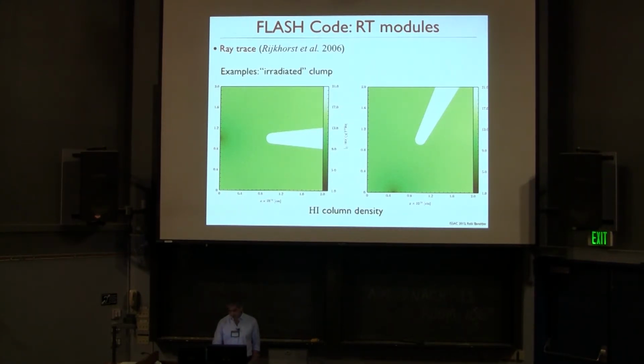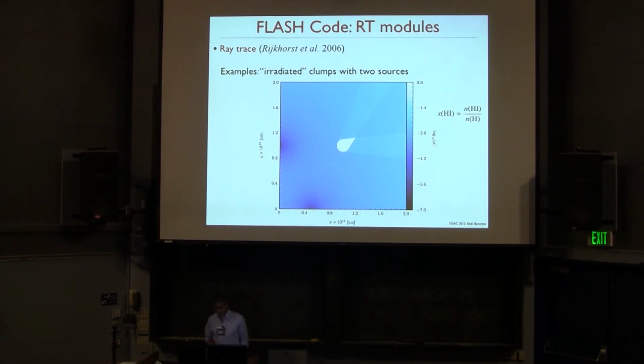And this, of course, has effects on the ionization, or the amount of neutral hydrogen you get. And this is essentially a combination of these two sources. You get nice kind of shadows here.